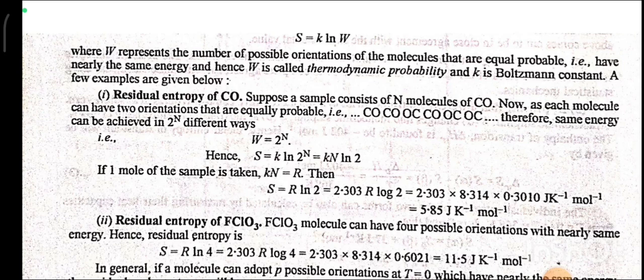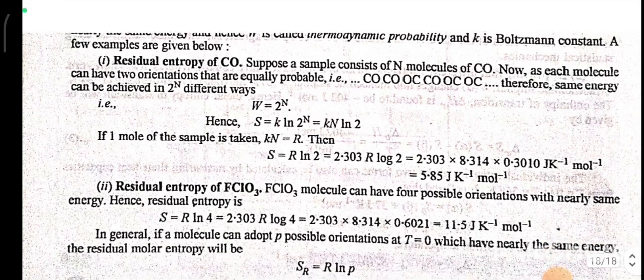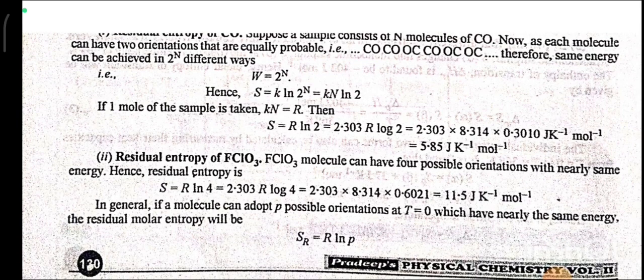Residual entropy of CO. Suppose a sample consists of N molecules of CO. Now, as each molecule can have two orientations that are equally probable, CO or OC, the same energy can be achieved in 2 to the power N different ways, where W equals 2^N. S equals k ln 2^N, equals k N ln 2.